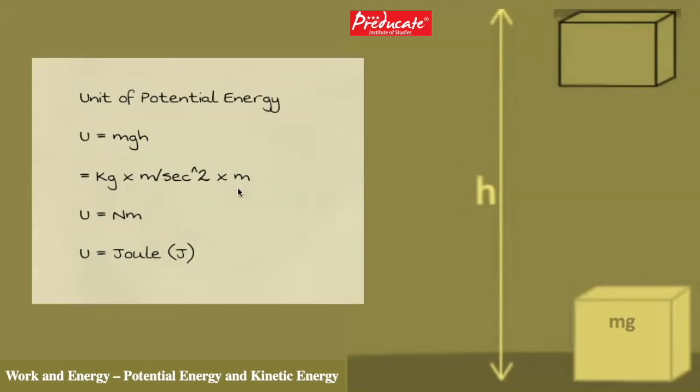Here, the unit of mass is kilogram, kg. The unit of gravity is meter per second square and the unit of height is meter, m. So, we'll have U is equal to Newton meter, or U is equal to joules, which is denoted by J.